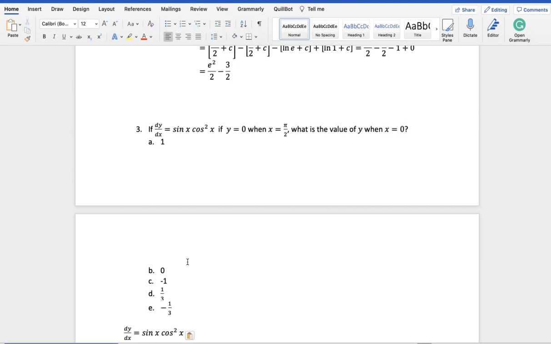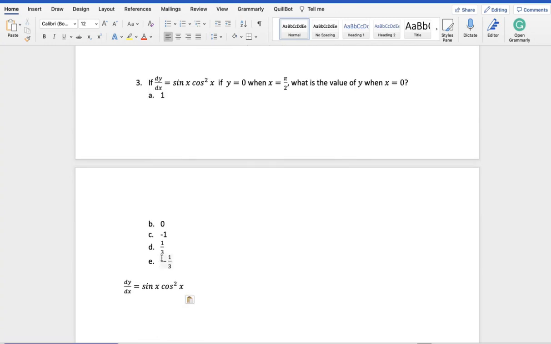Okay, so looking at this problem, what do you suggest we should do to begin solving it? Anyone? Because remember, we are given that when y is equal to 0, x is equal to pi over 2, and we are asked to find what y is when x is equal to 0, right?